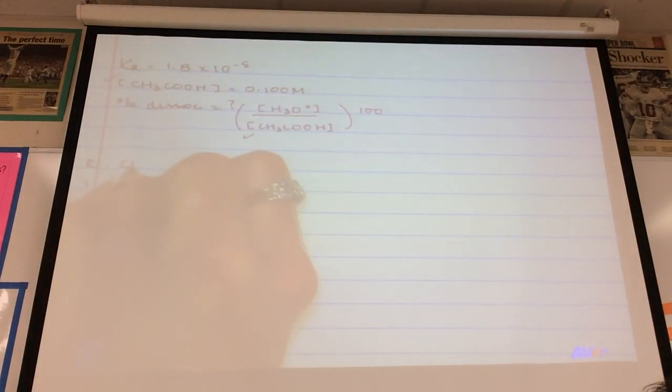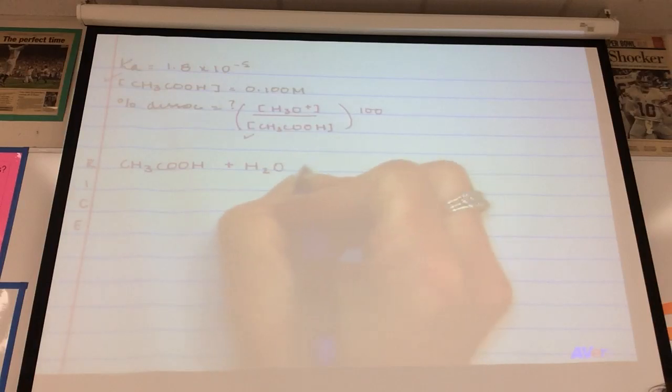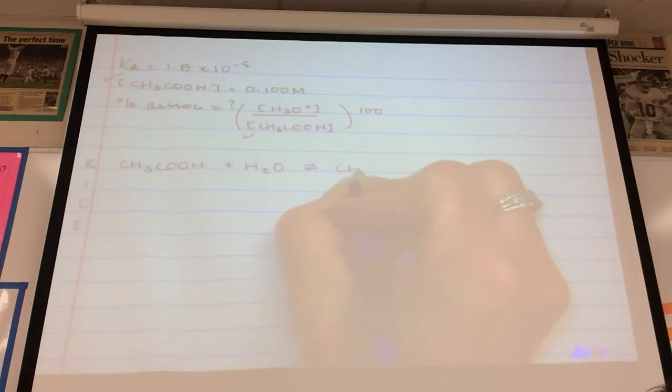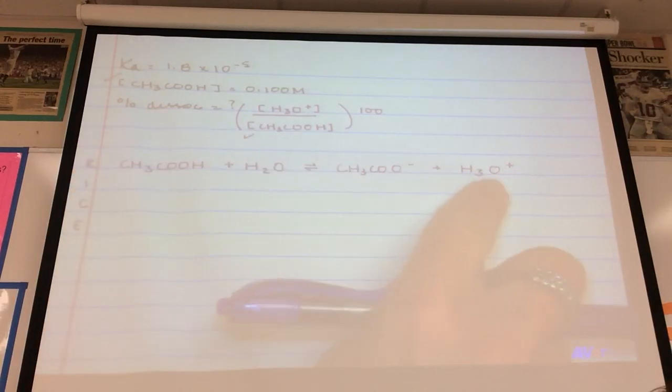You want to get in the habit of being very comfortable writing these equilibrium reactions, and again, if you're going after pH or pOH, you're going to be reacting the substance with water. You'll see later on in the chapter that you won't for other situations, but in these you do. Also remember that when you have a weak acid, you're going to generate hydronium ion.